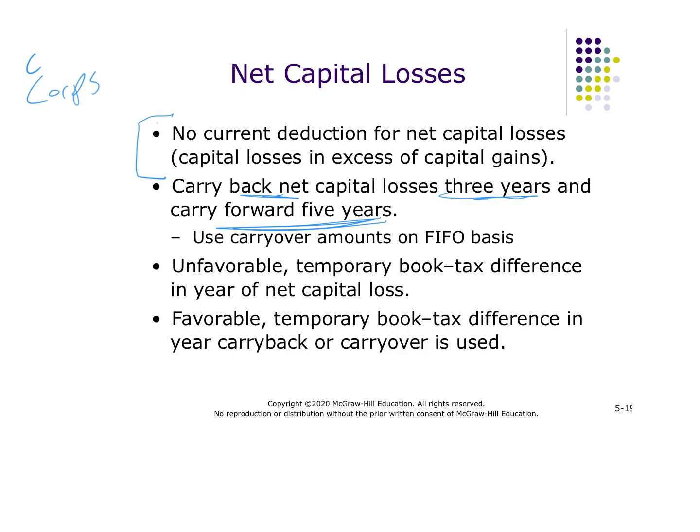And you have to use those carryover amounts on a FIFO basis, all right? So in the year of the net capital loss, you have an unfavorable temporary book tax difference, because from a book perspective, you get to deduct that in the year of, right? But if you're carrying back or carrying forward, right? Carryover is the same thing as carry forward. All right, then you have a favorable temporary book tax difference.